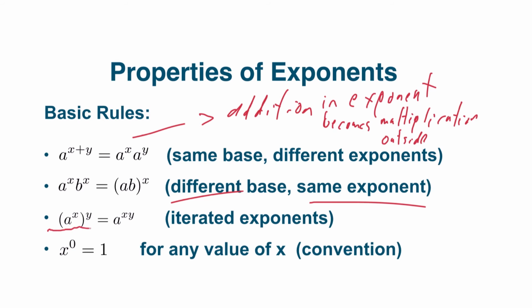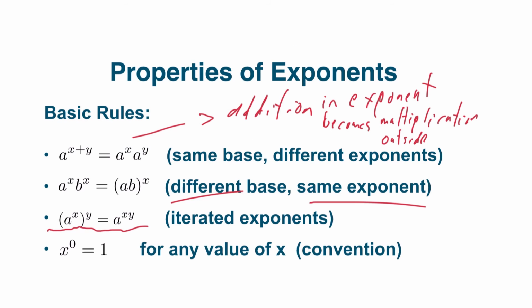Another important one, which we've seen used quite a bit, is this property of iterated exponents. So if I have a raised to the power x, and then I raise the output of that operation to the power y, this is equivalent to doing just one exponentiation, with exponentiation by x times y.